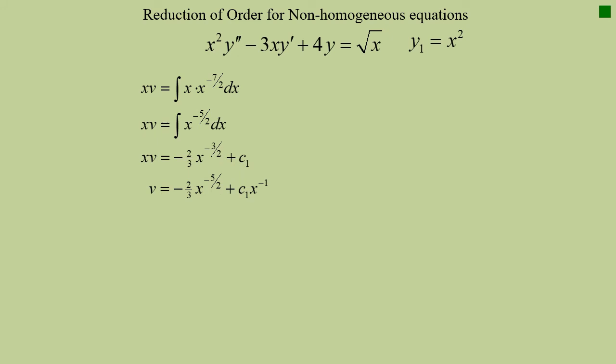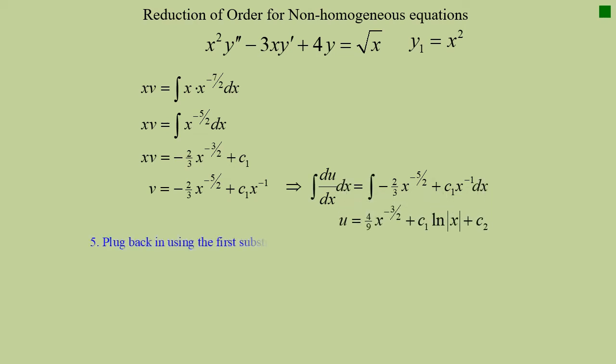And once we find the v, we need to substitute the u prime in place of the v, integrate again, and then go back to our original substitution, x squared times u, and use what we just found for u.